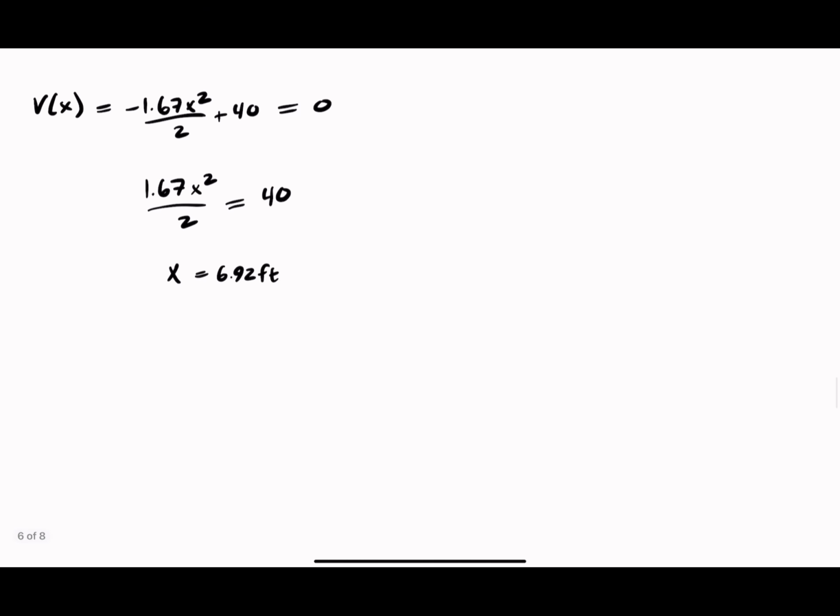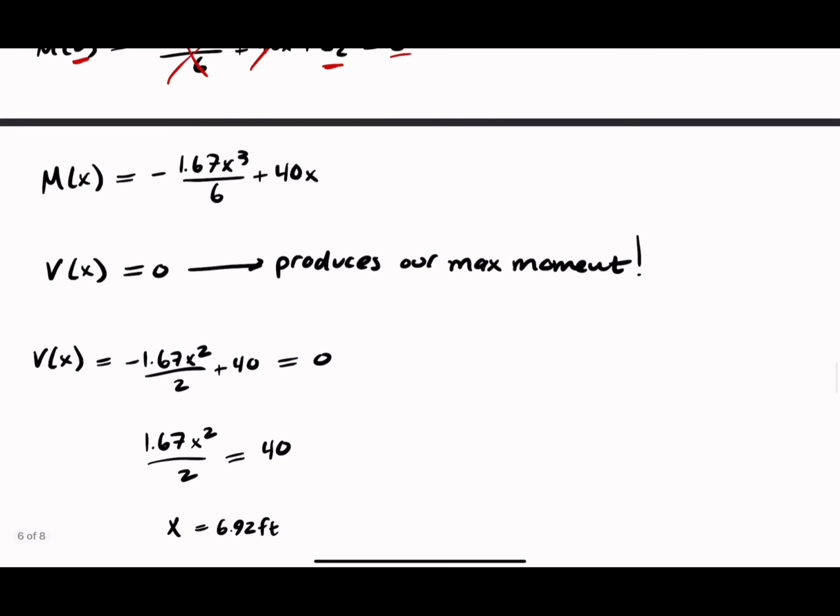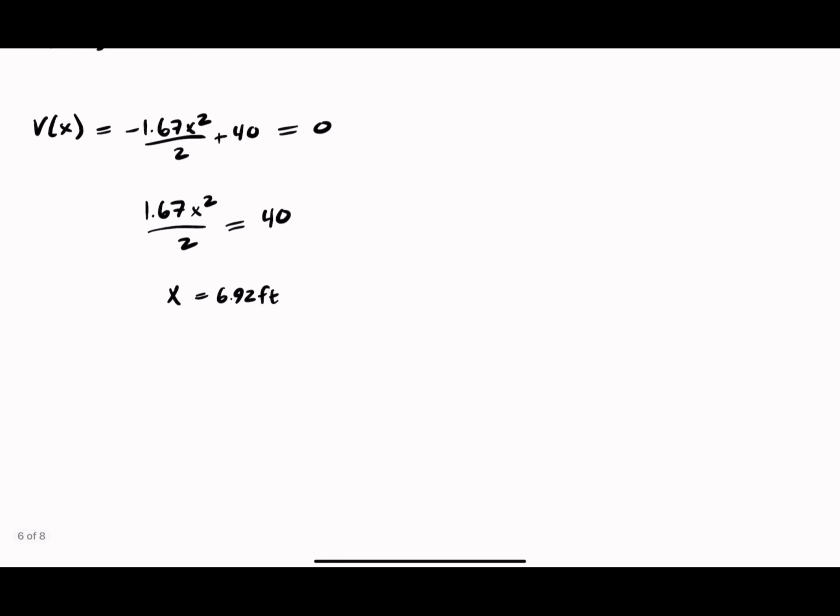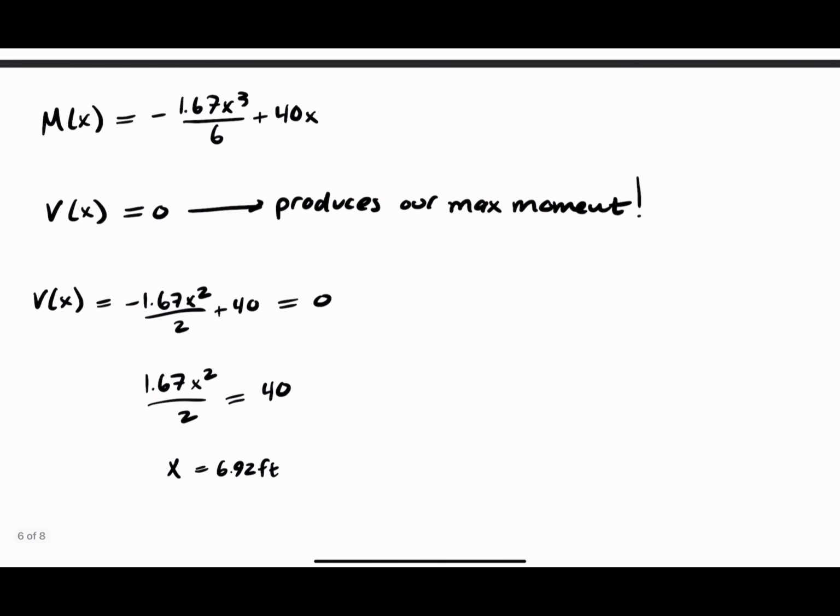So then, if the shear is 0 at that point, that will be the point where our maximum moment happens. So let's plug this one into the moment equation now. I'm going to copy this moment equation.